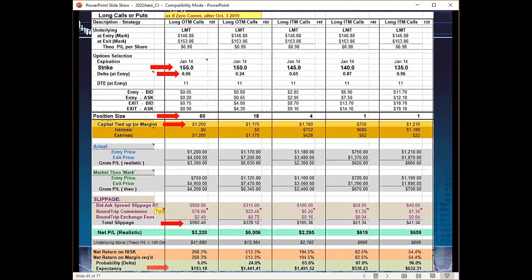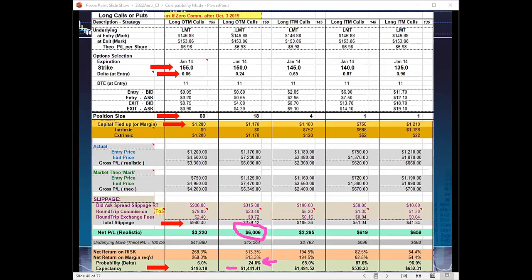Now, at the bottom, we see an expectancy. And what that is, is the profit times the probability. So in this case here, we had a $6,000 profit, but the probability of that happening is only 24%, which means the expectancy was 1440.